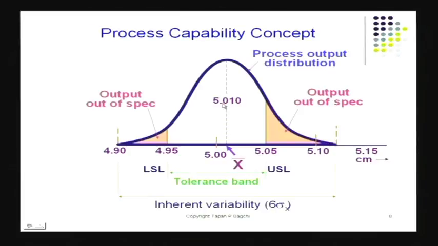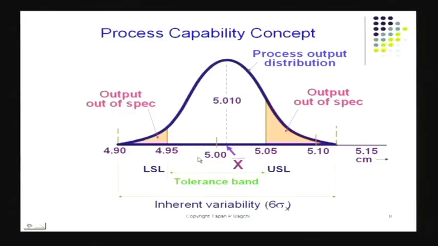Notice the difference between 5.010 and 5.00. This indicates there is a problem with the accuracy of the process. There is some difference between the target and the average quality characteristic that the process is delivering. So the first problem that we have is some problem of accuracy.